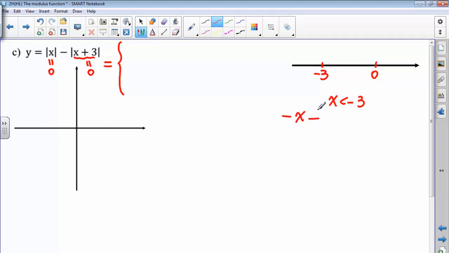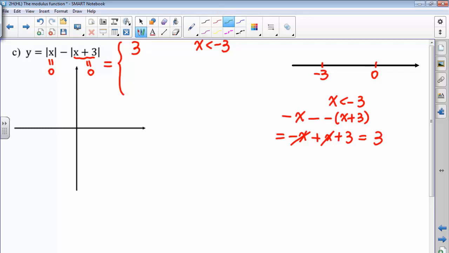So when you remove the modulus sign, you need to put a negative sign in front still. Negative becomes positive. So this one becomes negative x plus 3. Cancel these two x. So this one is 3. So the first piece, I will know that when x is less than negative 3, the y value is 3.